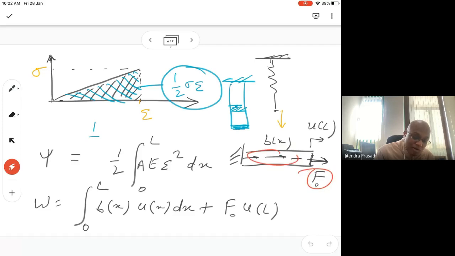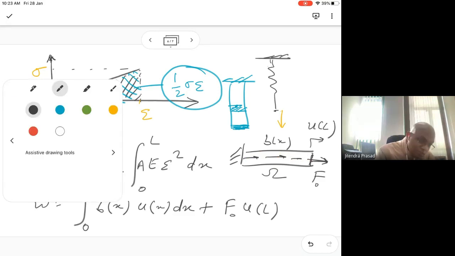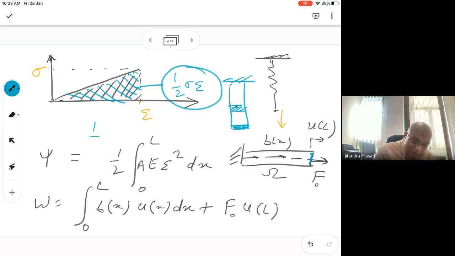The body force is acting over the domain. So you can also write omega to denote the domain or the body, and you denote the boundary as gamma.